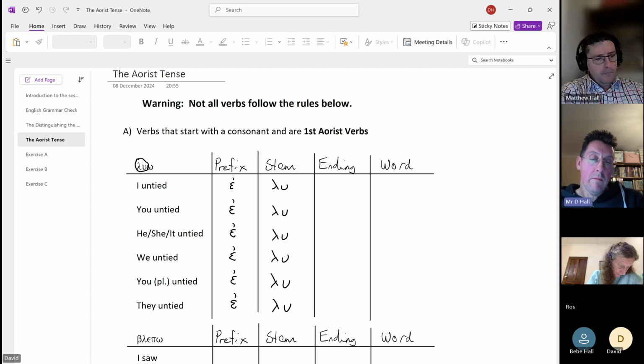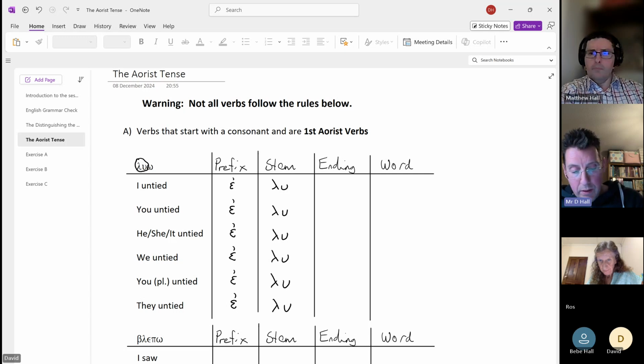And then, as we've discovered with both the present tense and the imperfect tense, there is an ending. Now, the ending for the aorist includes a sigma, which is added in. We probably could add it into the stem because it doesn't actually change. It's always the same.